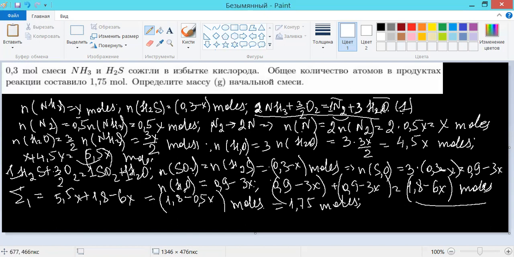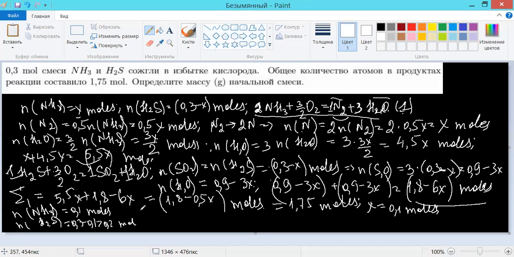And so if we solve the equation, we'll get that x is 0.5 moles... 0.05 moles, and that also means that we know how much was of the ammonia in the mixture. It's 0.05 moles. And also we know how much of the other component was in the mixture. It's 0.3 minus 0.1, that means 0.2 moles.